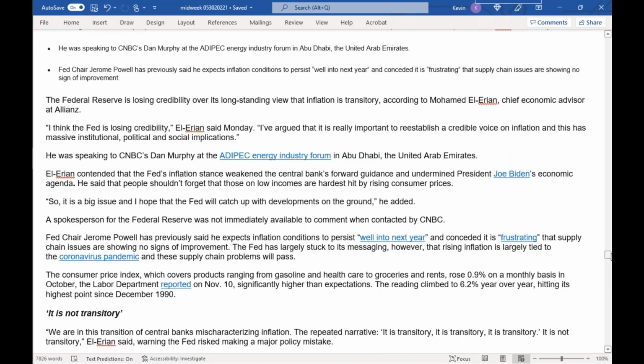And again, there's no true economic model or algorithm that can state or explain inflation. It's really stupid.